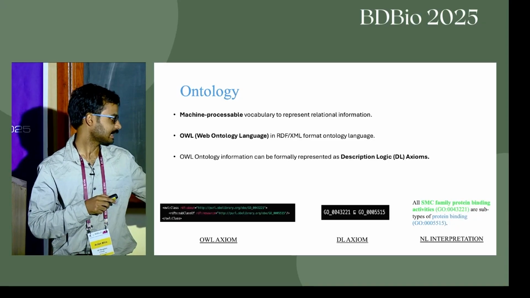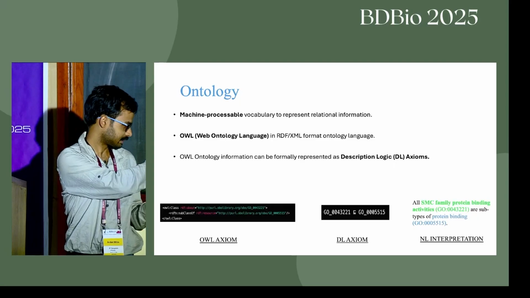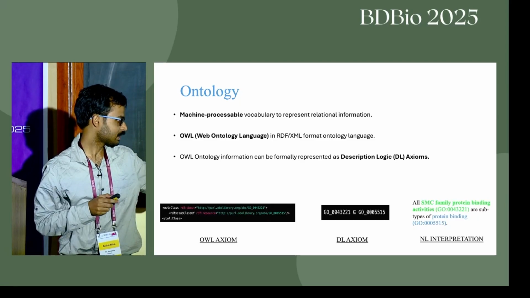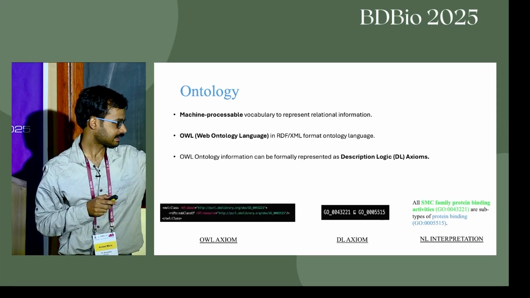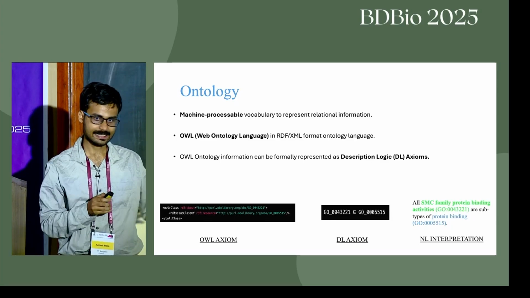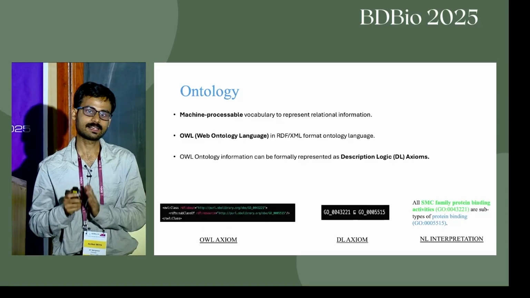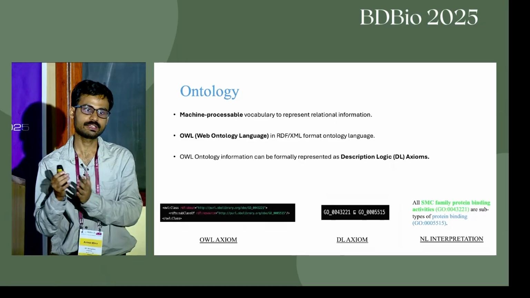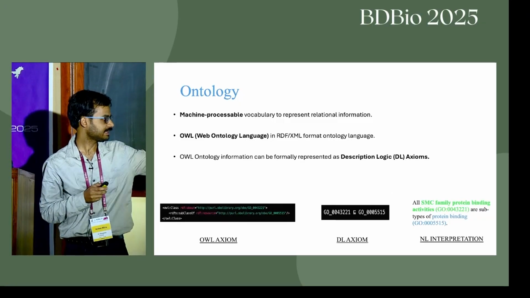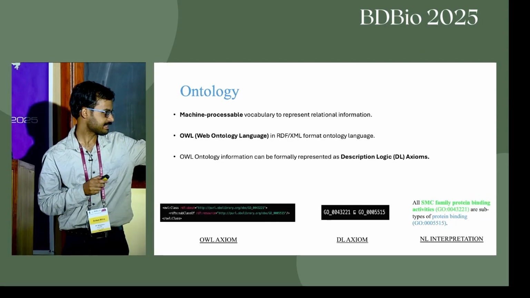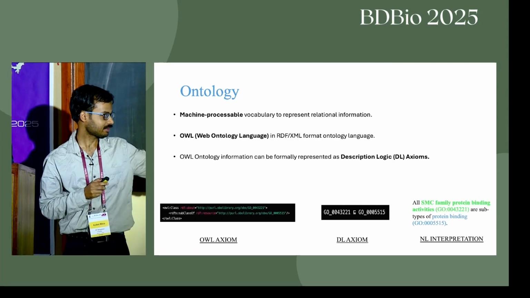As you can see below, that is an OWL axiom, an OWL class. It can be converted into a description logic axiom, which is the logical form of that particular statement. So you can apply logical algorithms on it to deduce new information. And on the right hand side, there is the natural language representation of what it means.